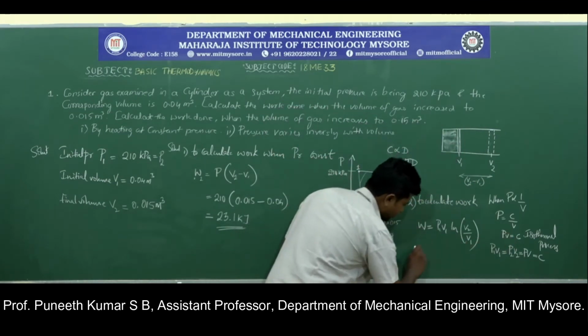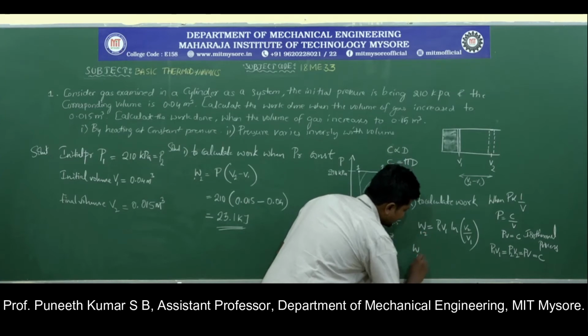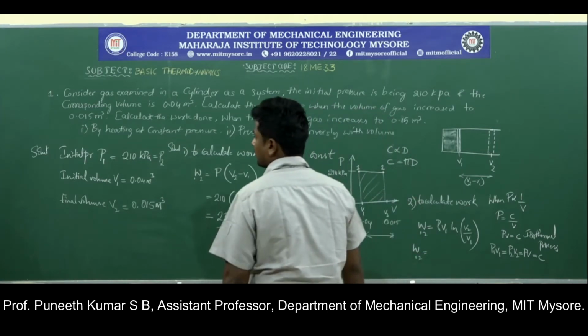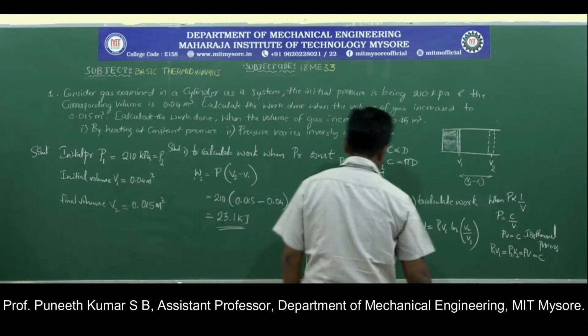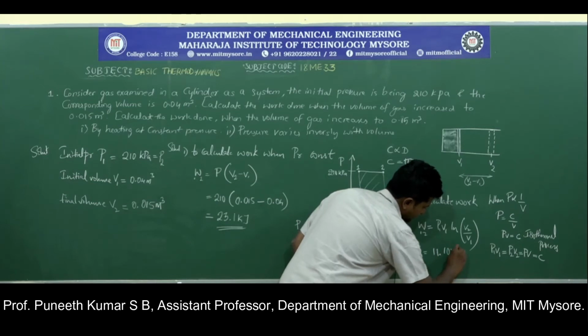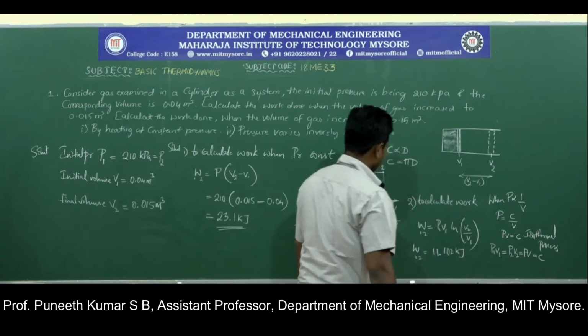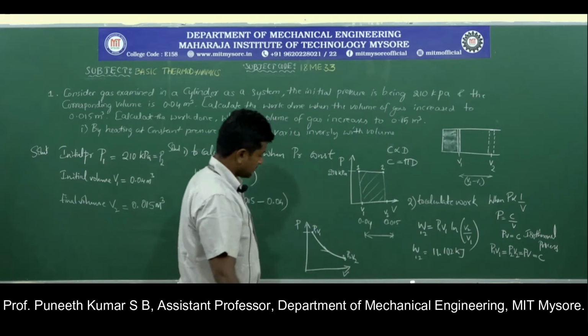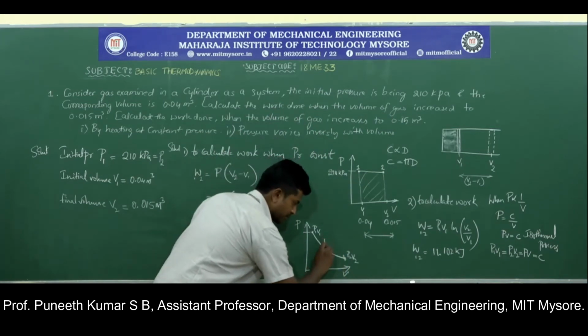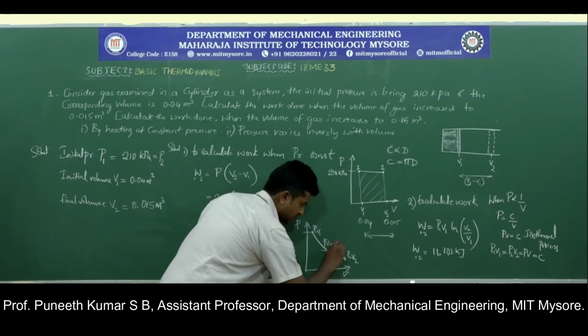The final value we get here is W122 is equal to 11.102 kilojoule. And this is the isothermal process line, or I can also represent this as PV is equal to C.